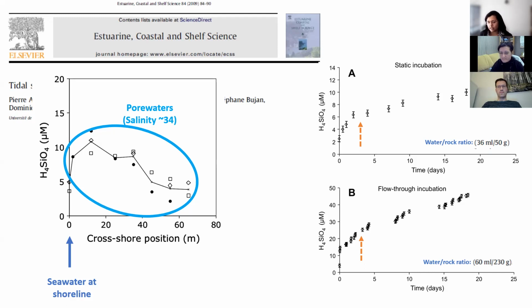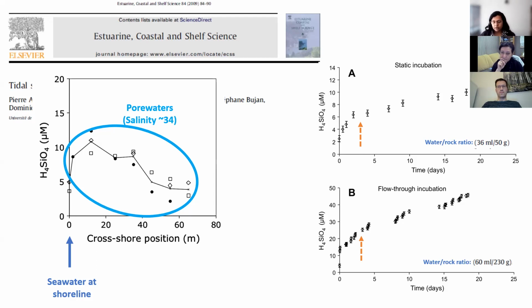And this is also consistent with dissolution rate experiments of volcanic glass and synthetic materials. You have this initial release or dissolution of that solid phase, and then that dissolution rate decreases, which suggests that something is slowing down that dissolution reaction. Likely it's reaching some sort of equilibrium.